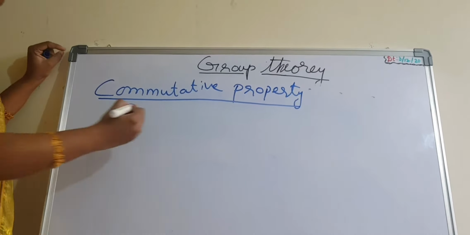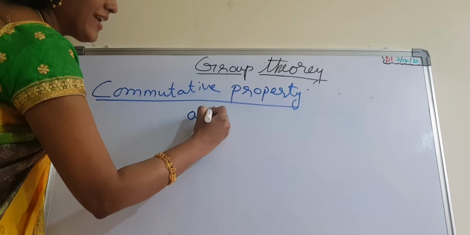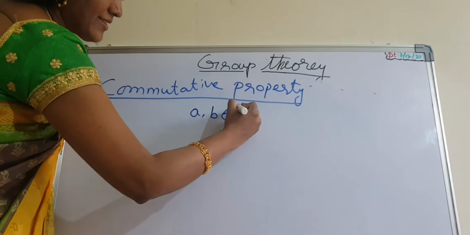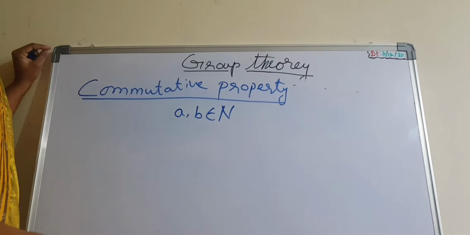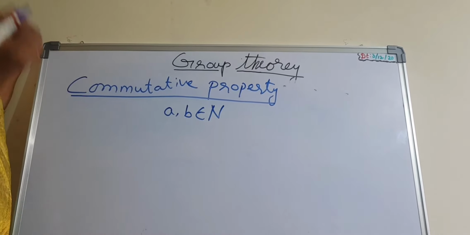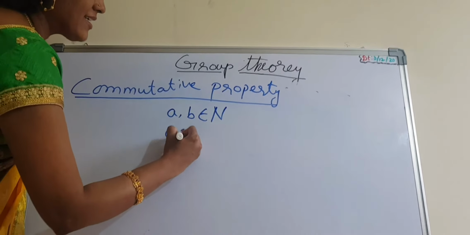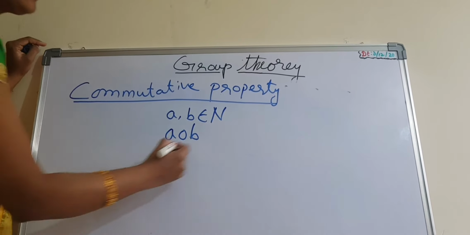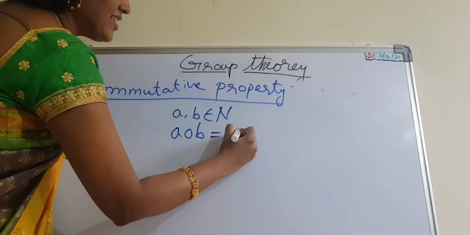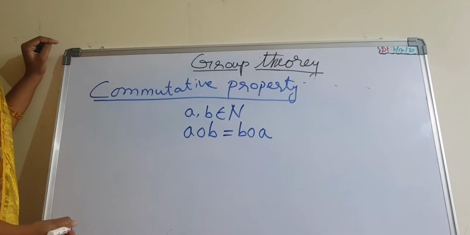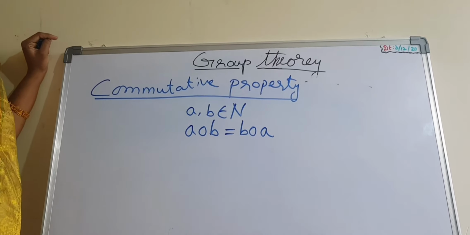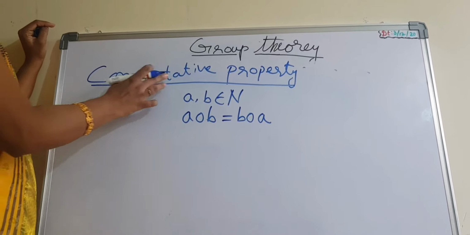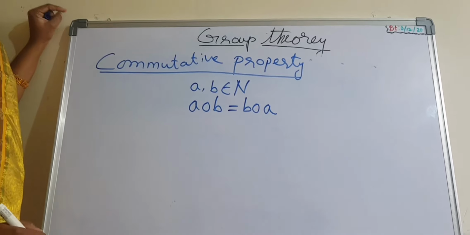I am taking a, b belonging to the same natural number set, with respect to plus, minus, anything we can take. If a circle b is equal to b circle a, where a, b belong to the natural numbers, then we call it a commutative property.